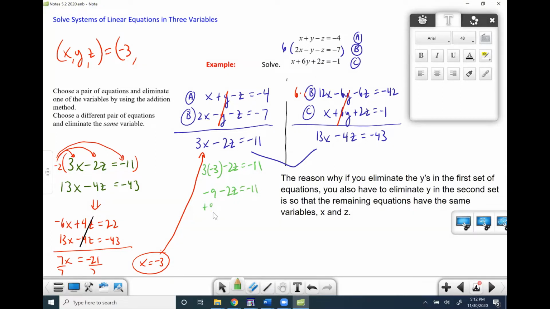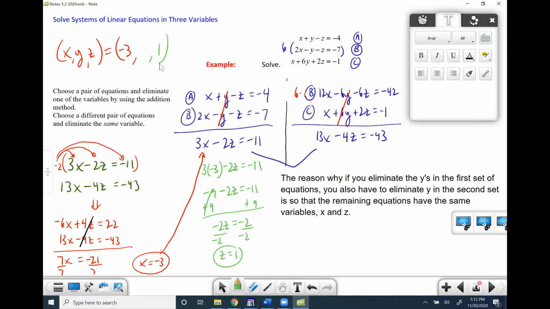We'll add that 9 over. What is that? Negative 2. And we'll divide by negative 2. Z equals 1. Hey, we got our z.